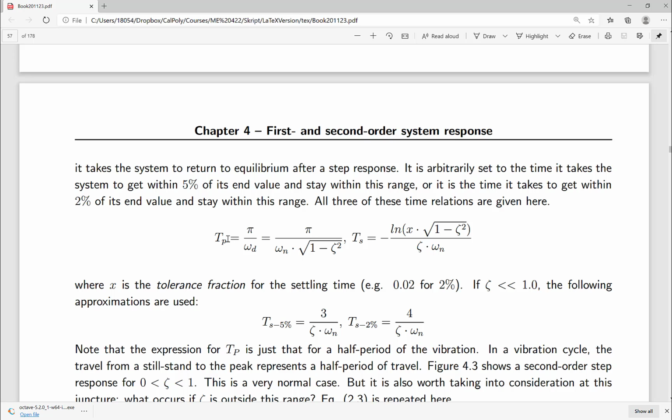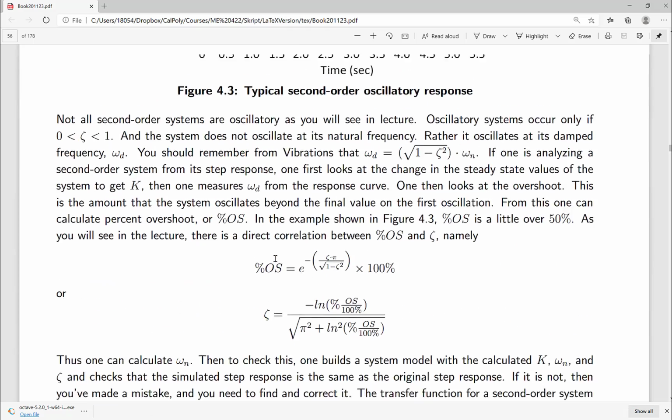The time it takes to get to the peak from the start of the step is pi over omega d. So we can measure the peak time, and then from that peak time we should be able to calculate omega d. So we just swap the places of these two, and omega d is equal to pi divided by the peak time. So let's go and look at our figure again.